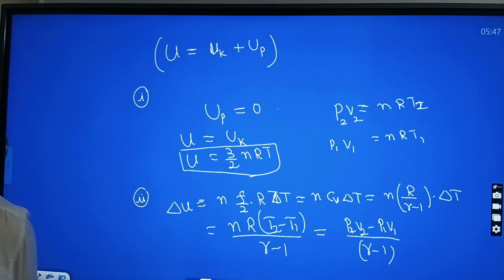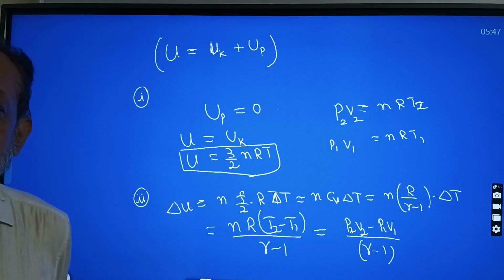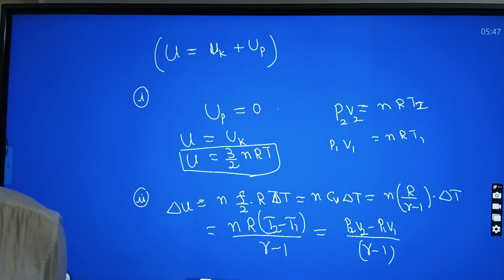It depends only on the initial and final states of the system.